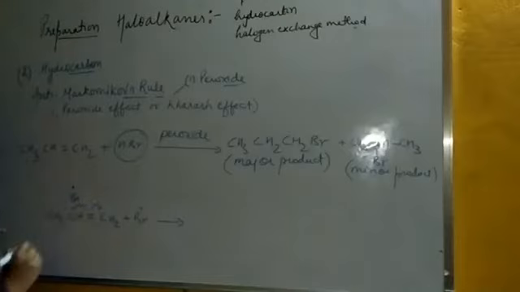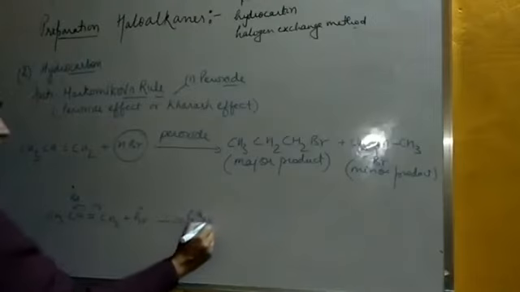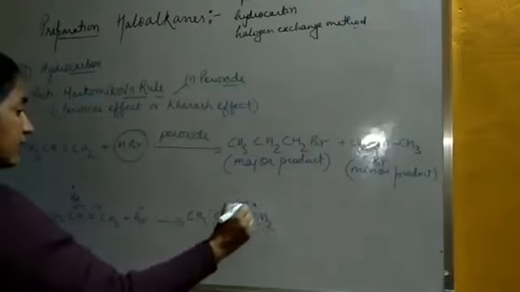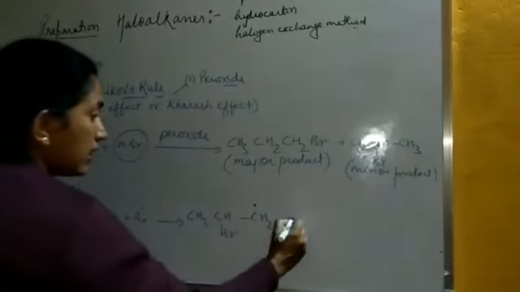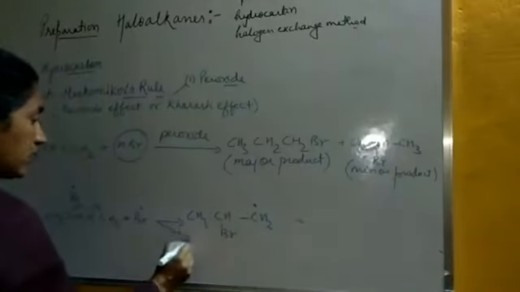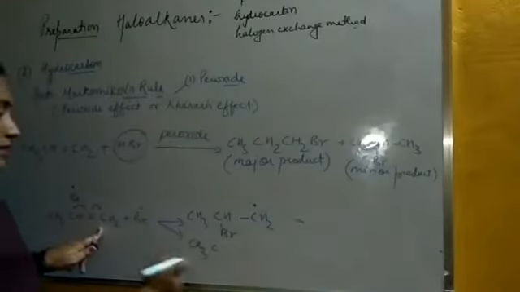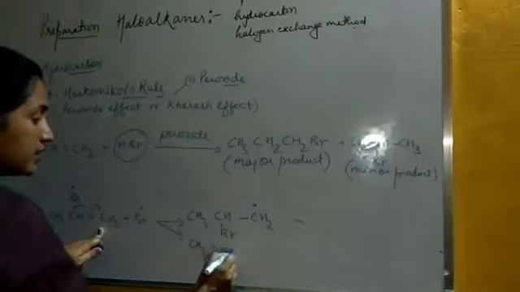So this is the free radical. If Br dot gets linked to this carbon, we will get a free radical here, and the second one is CH3. If Br gets linked to the other carbon, we will get a free radical there.